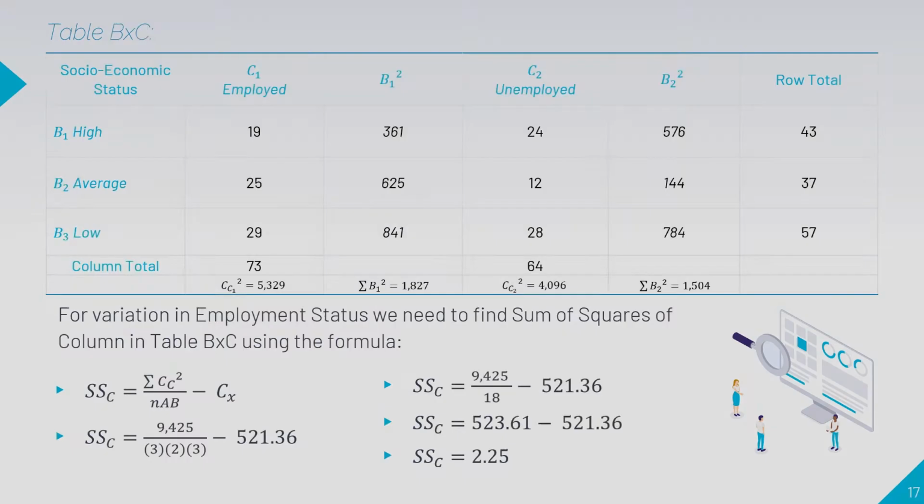Next, for variation in employment status, or our C, we need to find the sum of squares of column in table B by C. Using the formula, SSC is equal to summation of C squared over NAB minus CX. So using the table B by C, we find our numbers here.